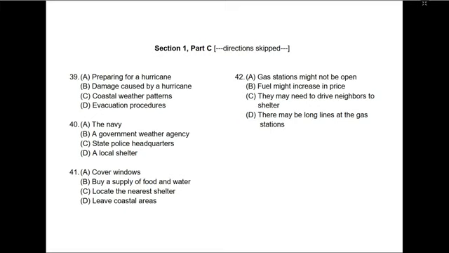Now listen to another sample question. Why does the speaker recommend watching the program? In your test book, you read, A, it is required of all science majors. B, it will never be shown again. C, it can help viewers improve their memory skills.